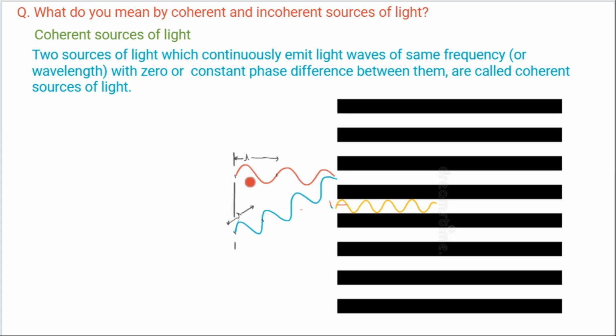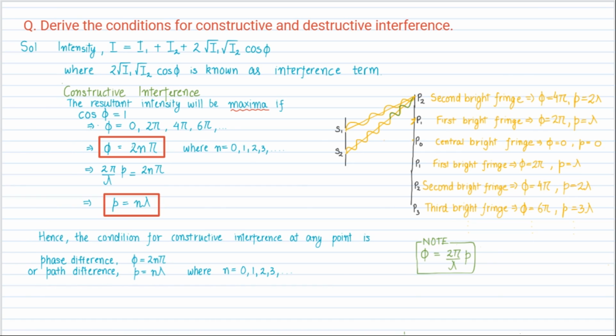Now apart from this, the light is coming from here also, and there is an extra path difference in this case. Apart from this, a phase difference comes into the picture. If there is a path difference which is an integral multiple of lambda, then there is a phase difference also coming into the picture, 2n pi.